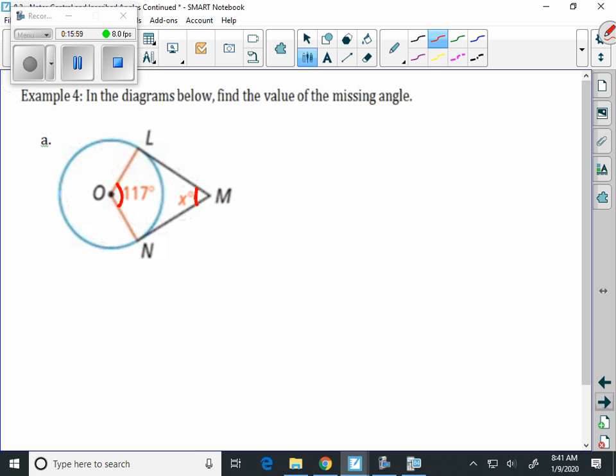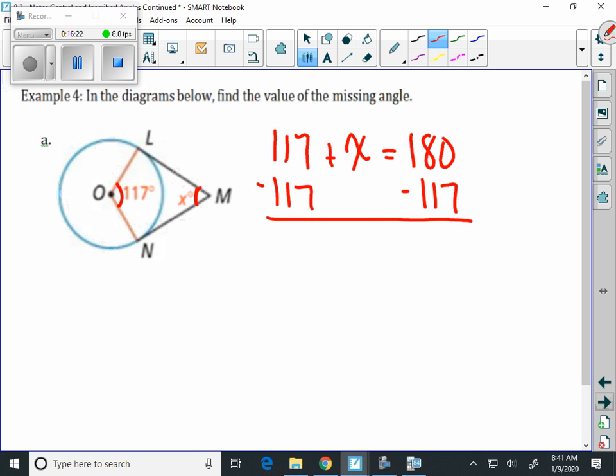Here's the circumscribed angle, and what happens with those is that 117, the central angle, plus the circumscribed angle are supplementary. Supplementary being adds to be 180, and we can subtract 117. 10 minus 7 is 3, 7 minus 1 is 6, 63 degrees.